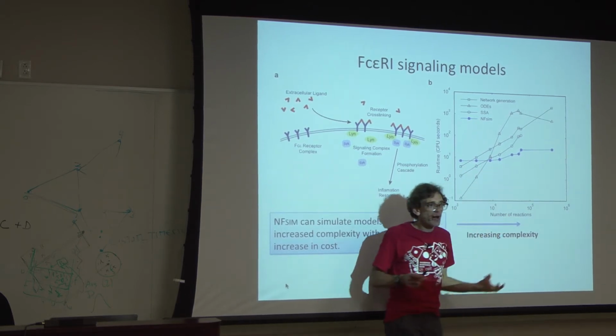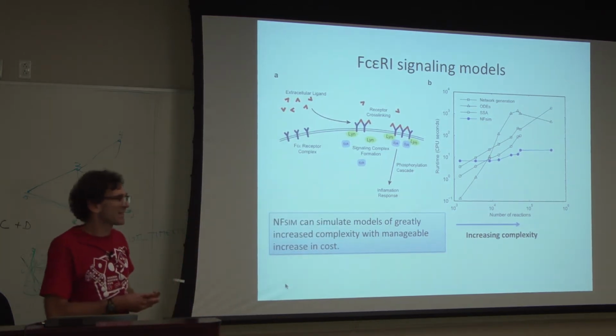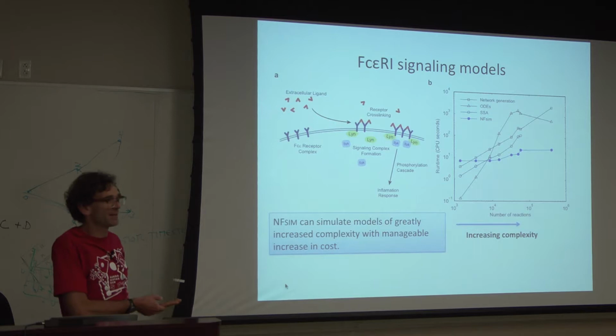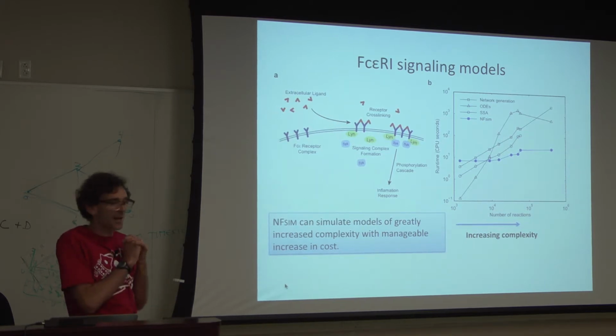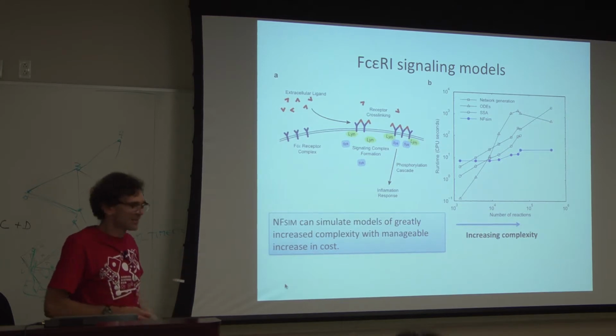The problem with the standard approach of reaction network modeling is not that it's bad to be abstract. The problem is that it's bad to be abstract without knowing what you've left out, without having a way to test.